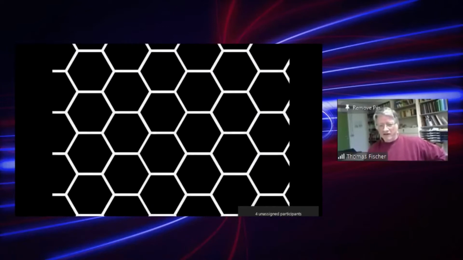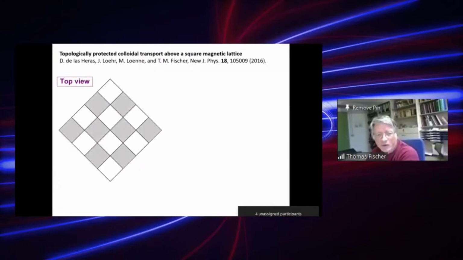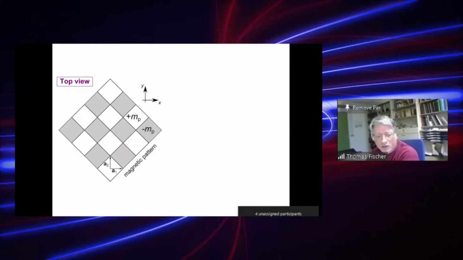This was achieved on a hexagonal lattice, but I will try to explain how that works on a square lattice because it's simpler. We have a square lattice, a magnetized pattern where the magnetization is upward on the white fields and downwards on the gray fields. The unit cell is basically a black and a white square together.